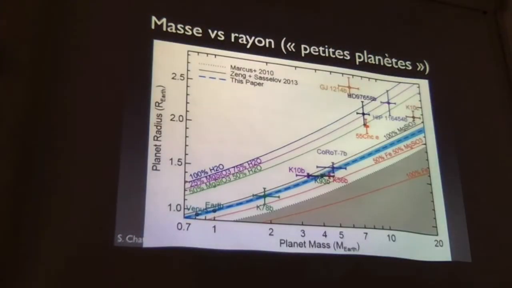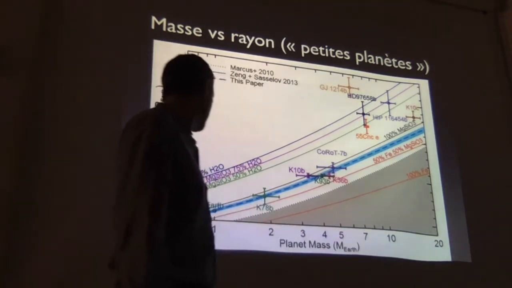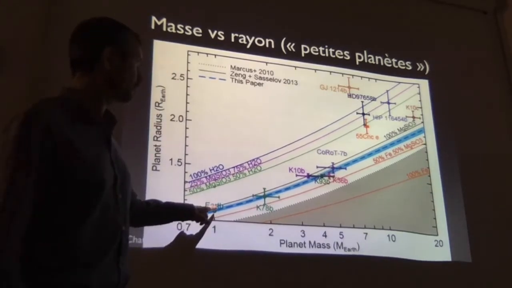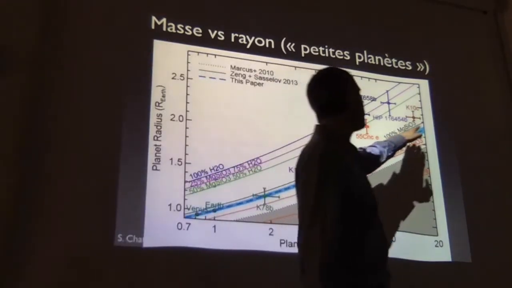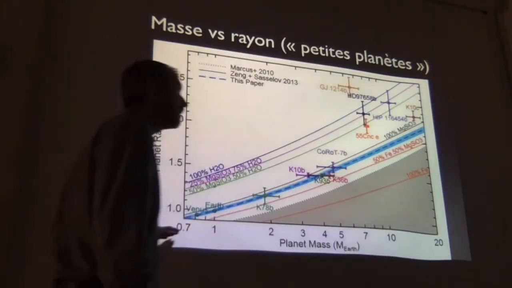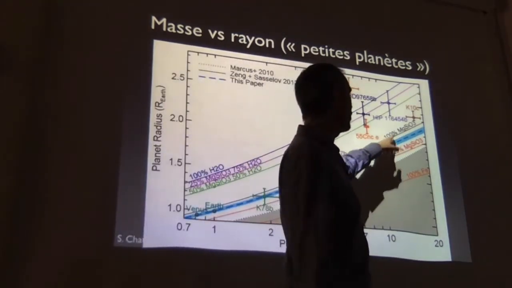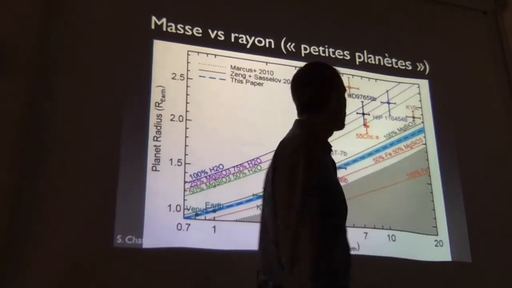Okay, now we are entering a bit more into the models that we can make of these planets. This is the planet radius versus the planet mass. Earth is here, Venus, Earth, and we are on this blue line, which is made of silicates. We are in between iron and silicates, magnesium, silicium, oxygen.